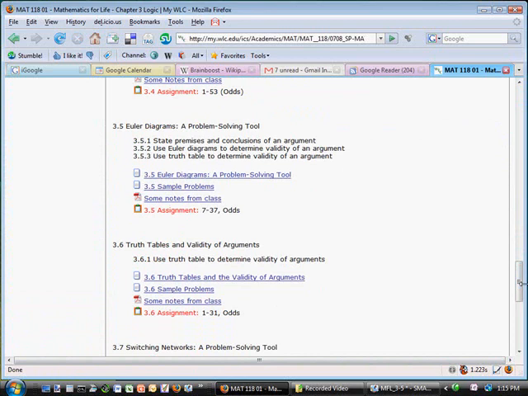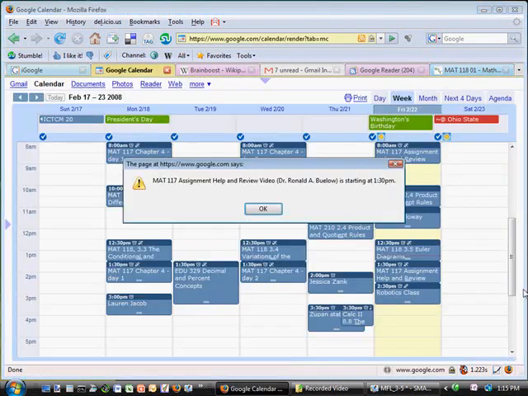Oh, it's different in here. 7 to 37 odds. So in other words, I'm not going to embarrass you with 1 through 6. 7 through 37 odds. Okay, have a nice weekend.